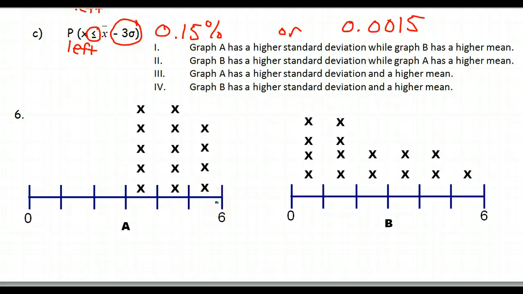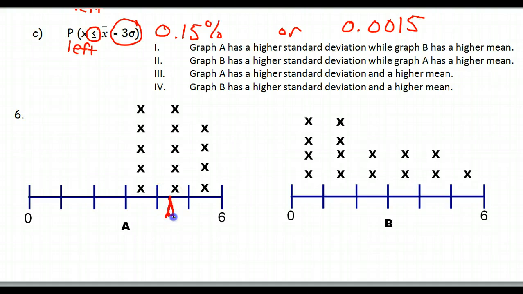So first of all, the mean. Let's talk about which one has a higher mean. I'm hoping you can see at a glance that graph A has a higher mean. When we think about the mean, you should be thinking about the balancing point.